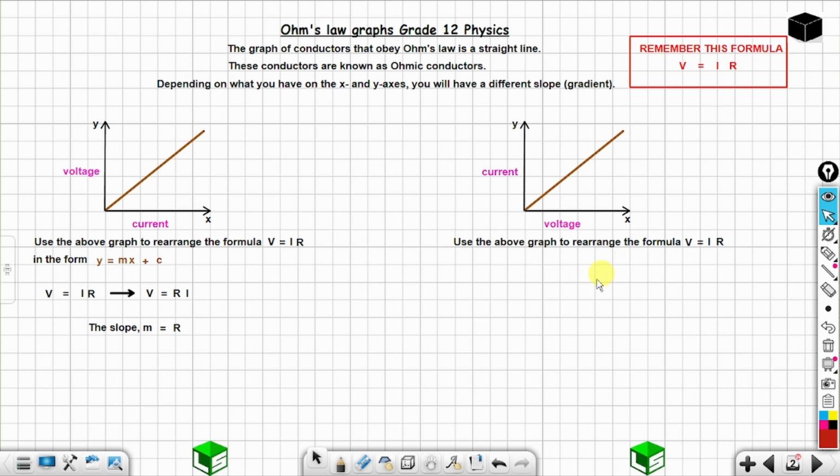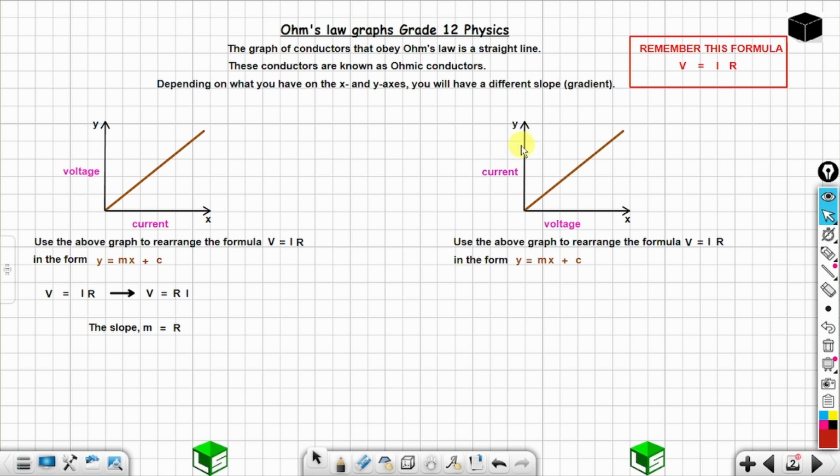You have to rearrange it in the form y is equal to mx plus c because this is the equation of a straight line. Now current is the subject of the formula because you have current on the y-axis.